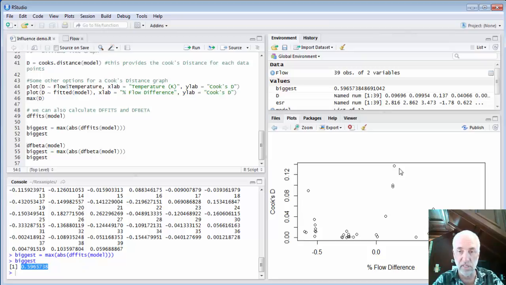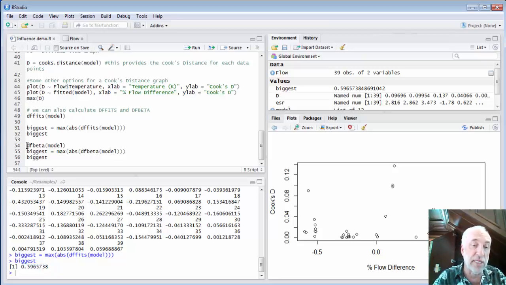And it comes from the same data point we've been looking at. When it starts getting close to 1, I start worrying. 0.6 is borderline, probably not enough for me to worry about. Again, if it gets close to 1, that means the effect of that one data point is approaching the standard error in my predicted value.